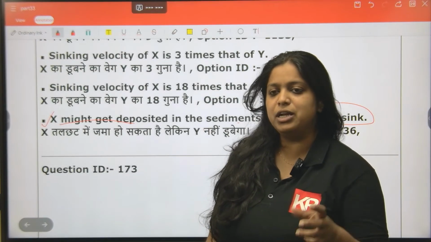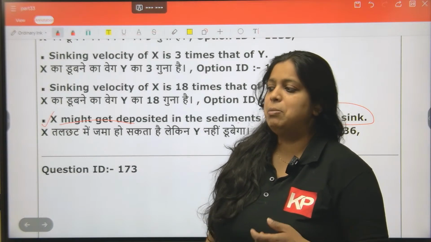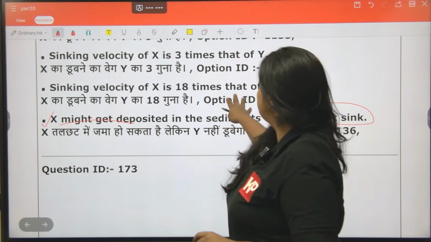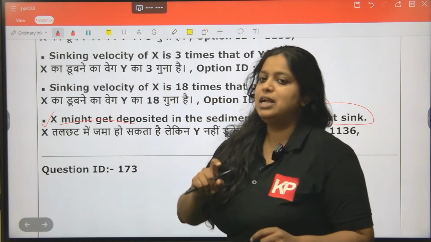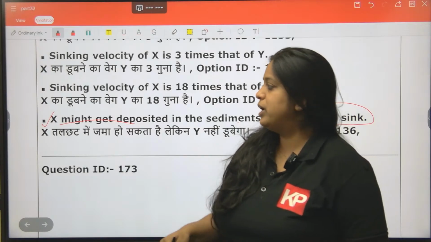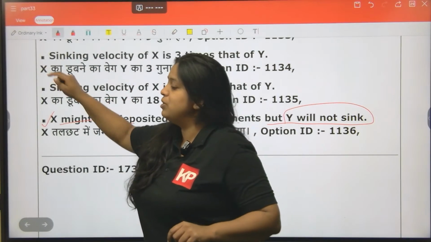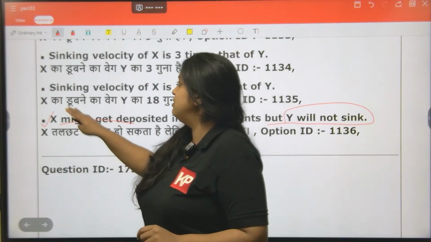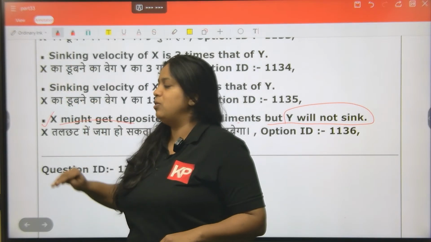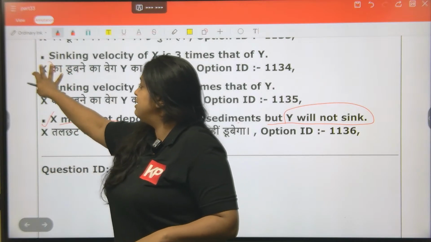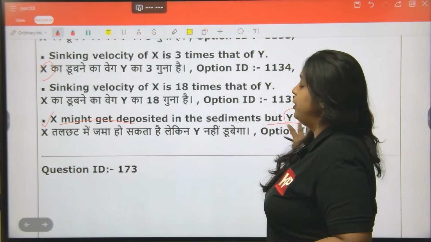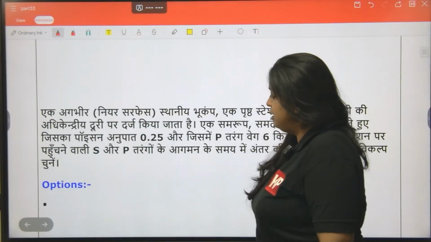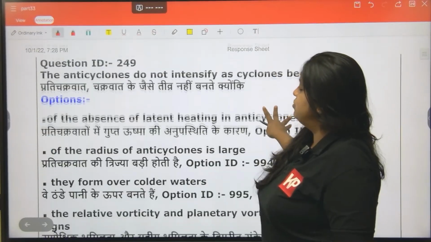The larger the diameter, the more chances of sinking, but a delta rho is required. For the second particle Y, delta rho itself is 0, whereas for X, delta rho is almost 2, since it's twice the density of seawater. Hence sinking can always happen to particle X, but for particle Y, sinking may not happen. I hope it's clear. So let's go for the next question.